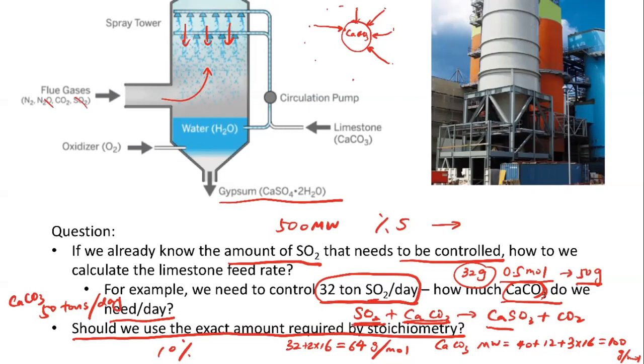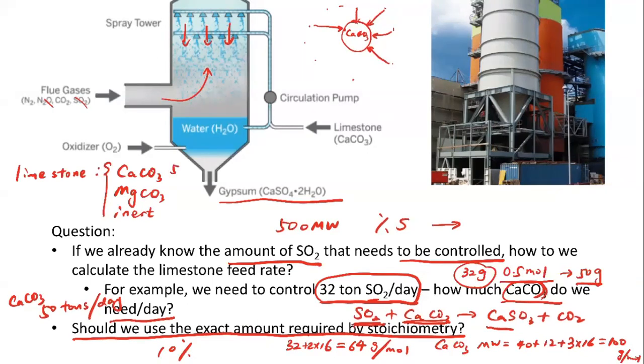For example, most of it is calcium carbonate, but there are also magnesium carbonate, and there are a lot of inert materials inside, let's say clay or some other species that just cannot react with the sulfur dioxide. Okay, so because of this reason, we need to provide more limestone into the system, right?